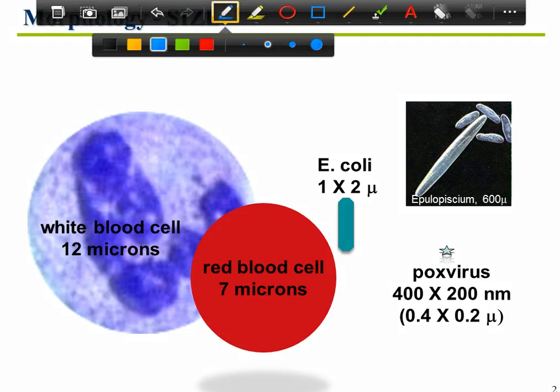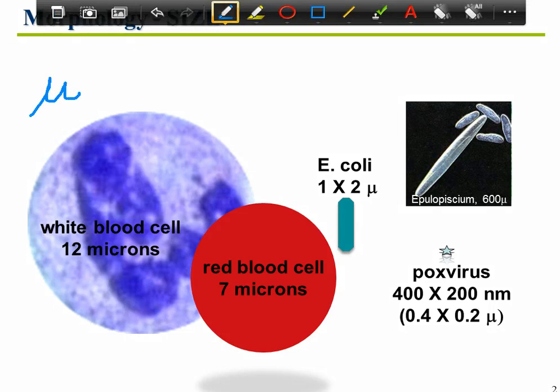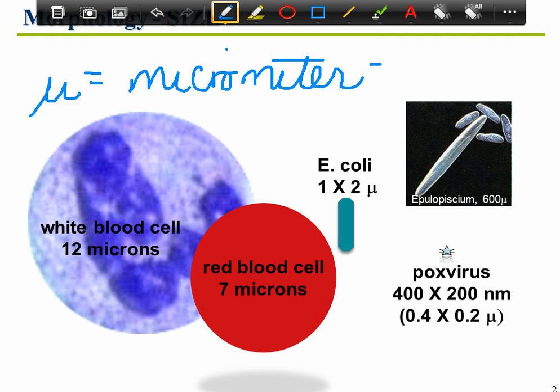And remember that a micron, which sometimes is also written as a micrometer, all means the same thing, a millionth of a meter. So we're now down 1,000 times in value from sizes that you're familiar with, which would be millimeters, which are the tiny little hash marks on a metric ruler.